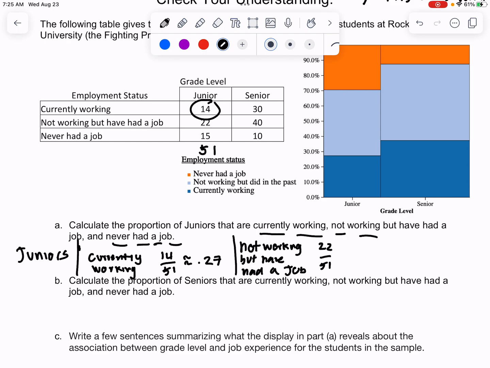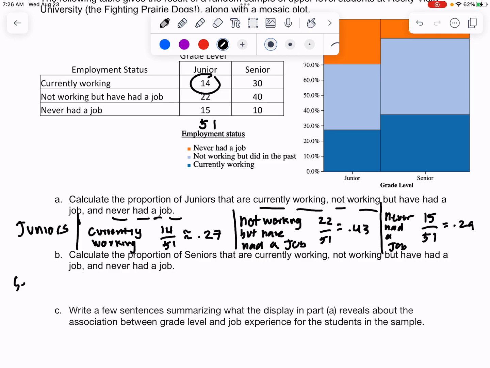Put that in your calculator and you would get 0.43, or 43% if you wanted to make it a percent. And then lastly, never had a job. Well, the ones that never had a job would be 15 out of 51. Plug that in your calculator and you get 0.29, or 29%.